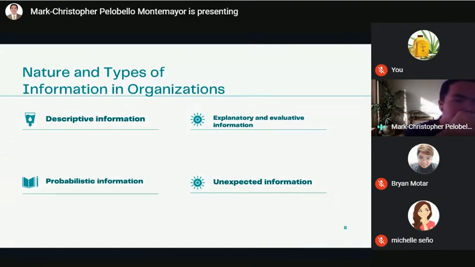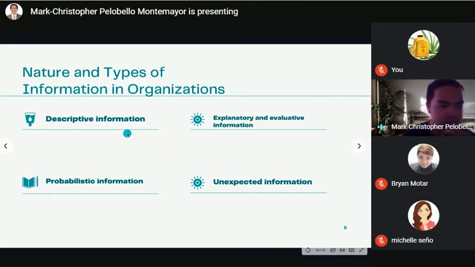Organizational information is equivocal, meaning information stimuli come from several sources and their interpretations are frequently ambiguous or conflicting. Daft and Lengel proposed a taxonomy of five organizational information types, which includes the following.